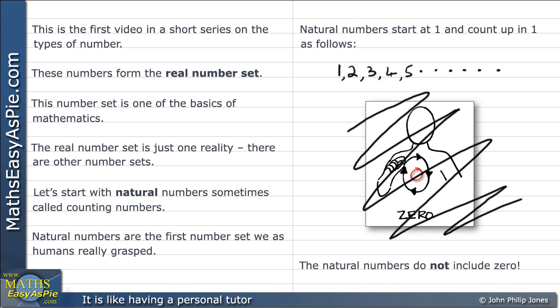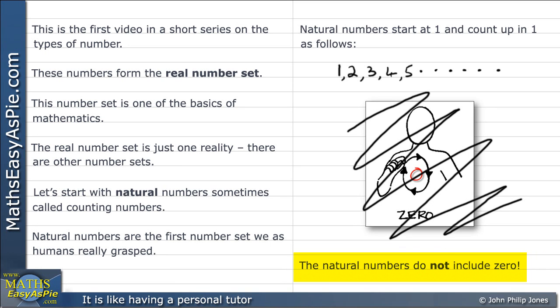Now, the word natural, I like to think of it like this. This is the first number set we understood as human beings. It came naturally to us. Consequently, I like to think of that as being our natural number set. And the thing about the natural number set is it does not include zero. And that's the key.